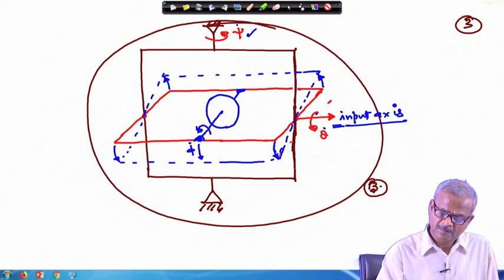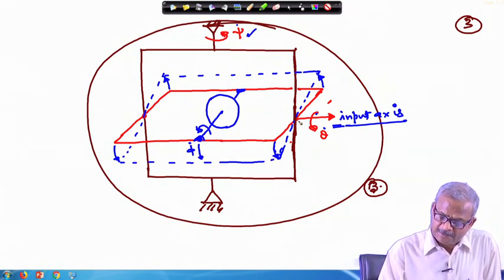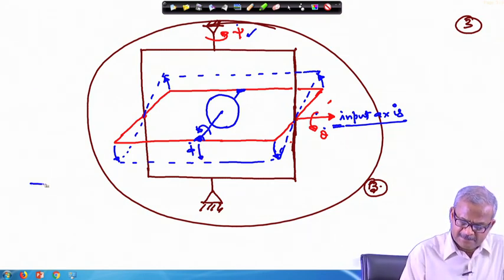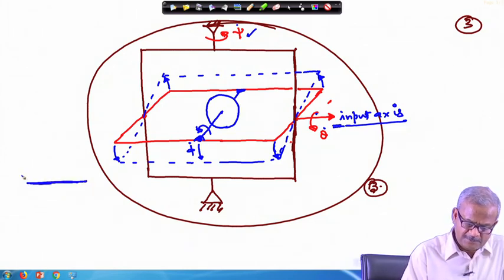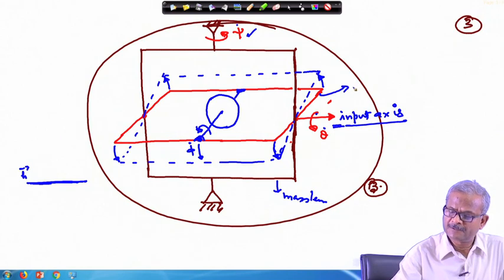Okay. Now, in this situation what is happening? The h vector, which is here in this case, if I show this axis like this. So, this is your h vector for the rotor, and as usual we are assuming this ring, the inner frame, also massless. Okay.